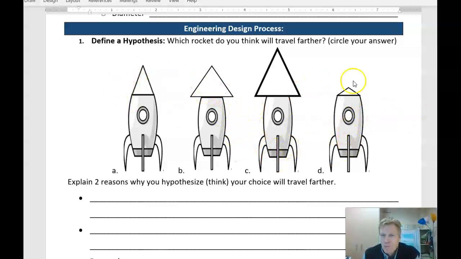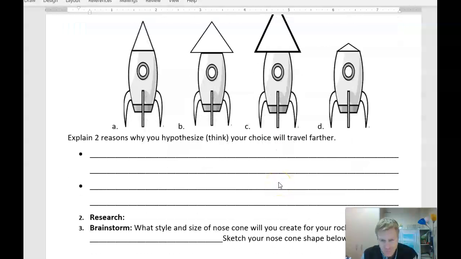Circle that one, and then explain two reasons why you think your choice will travel farther. Please come up with two good explanations and try to avoid the word "it." Say rocket C or rocket D or rocket A, whatever it is, and explain what about that nose cone or weight you think will make it different. So go ahead and do that.